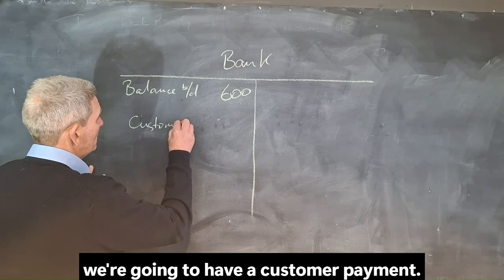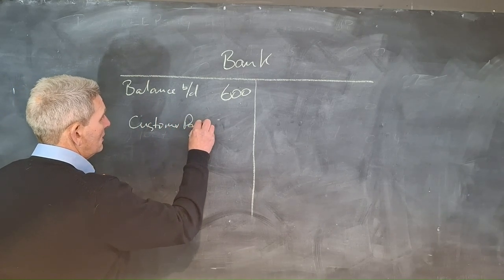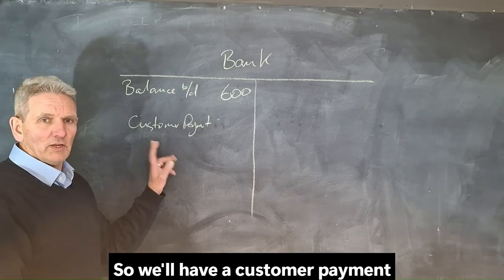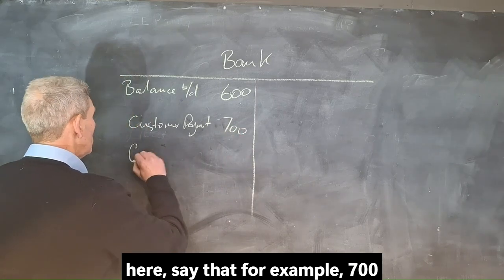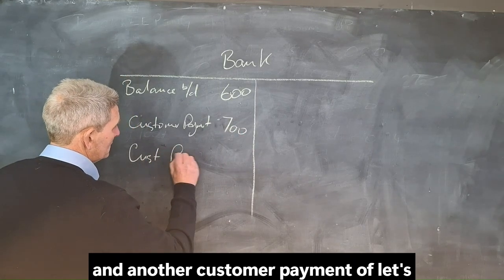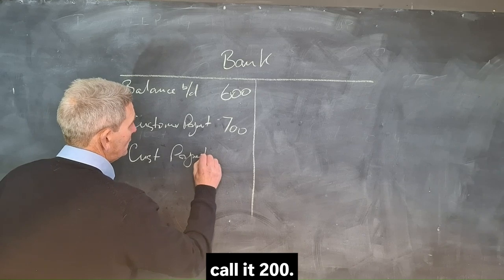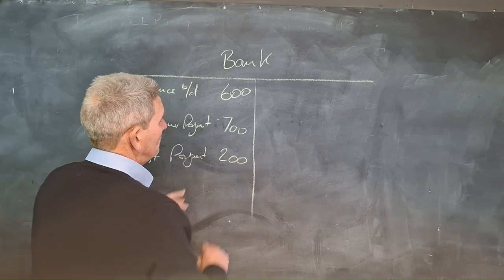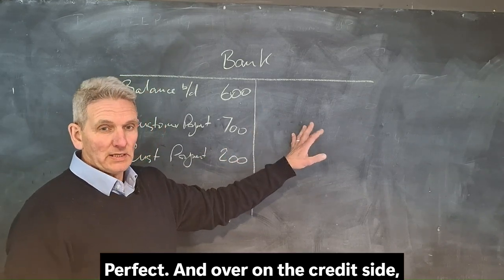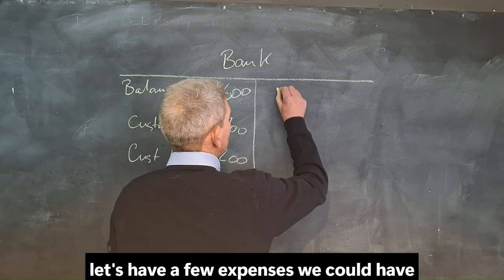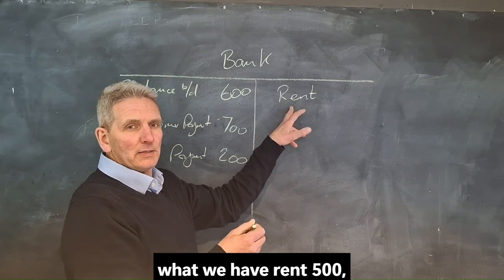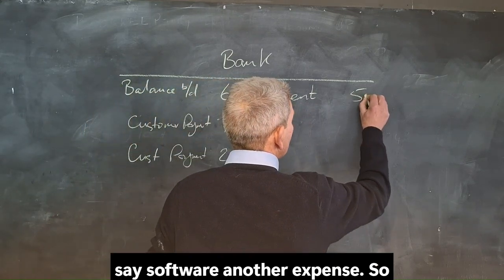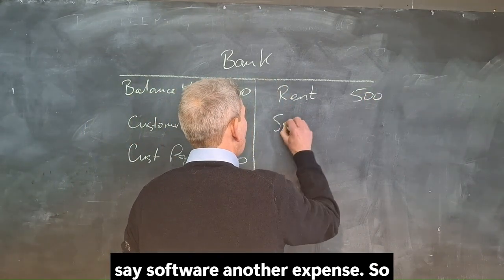We're going to have a customer payment. So we'll have a customer payment here, say that's, for example, 700, and another customer payment of, let's call it 200. Perfect. And over on the credit side, let's have a few expenses. We could have rent of, what should we have rent? 500, say, software, another expense.